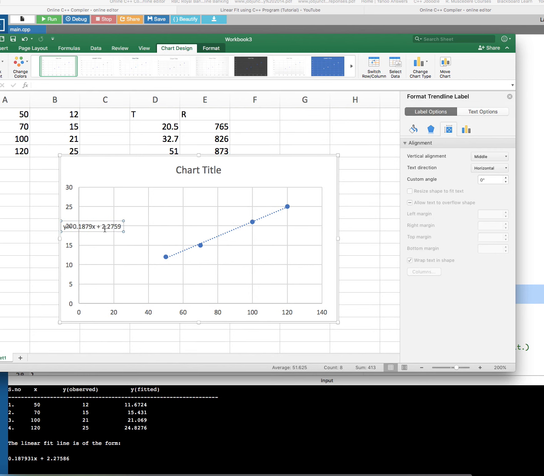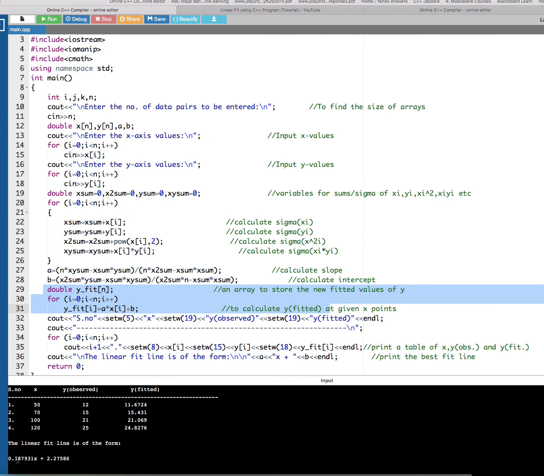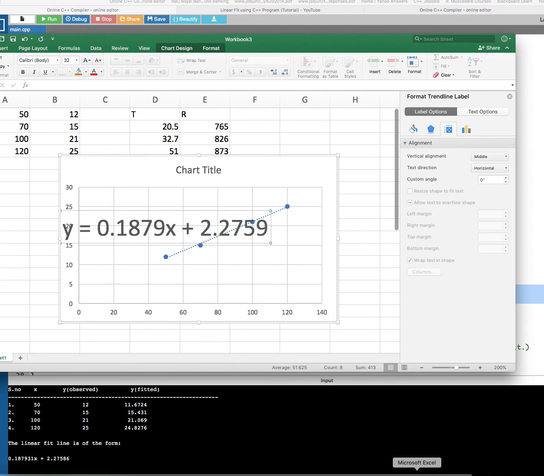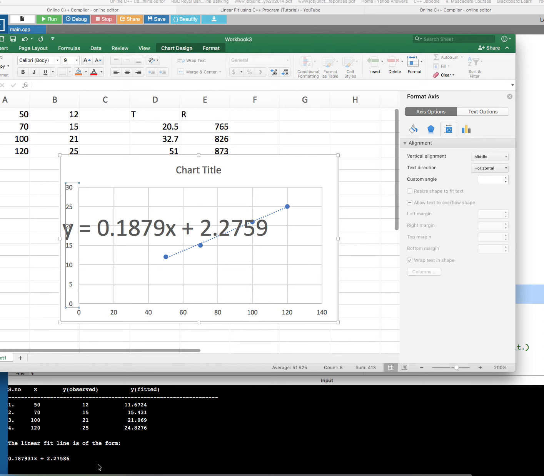Okay, and let's make this one a little bit bigger. Okay, if you look at the equation, we have 0.817931, 0.1879, and 2.27586. So this is matching with this one, right? And that means this is correct.